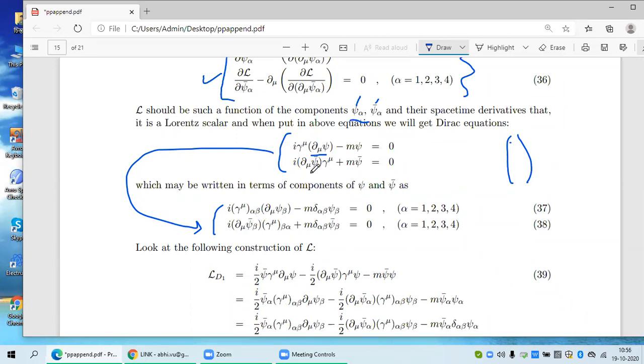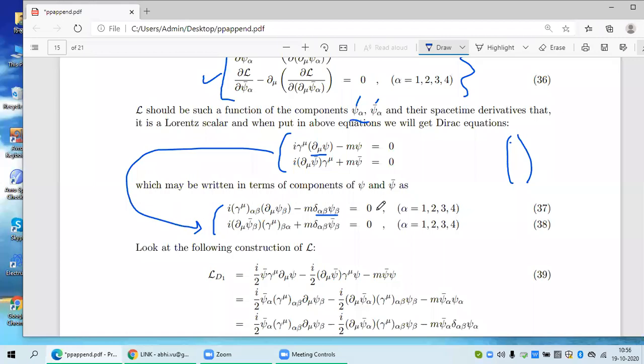Look at these indices. If I put alpha beta, there is a sum over beta, a repeated index. The first term will give you this. The second term is just m Chi beta, m Chi alpha, which I can also write by introducing this Dirac delta function.